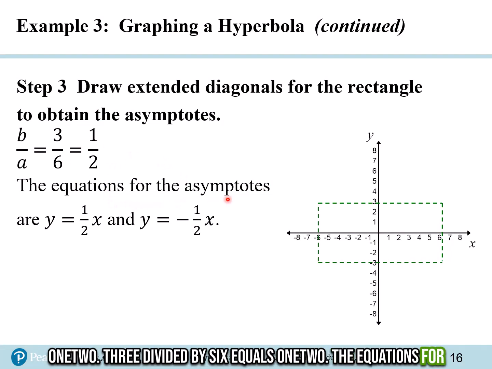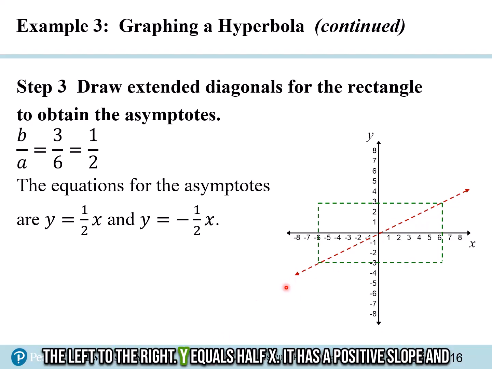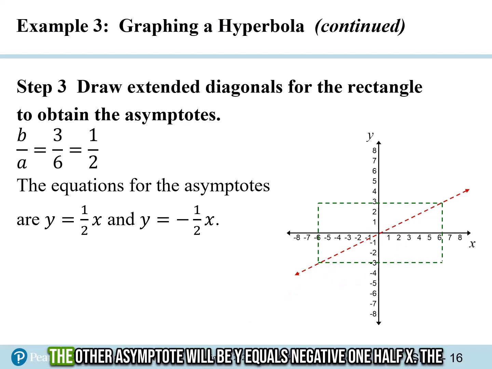The equations for the asymptotes are y equals half x, that's the line going up from the left to the right. Y equals half x, it has a positive slope, and the other asymptote will be y equals negative 1/2 x.